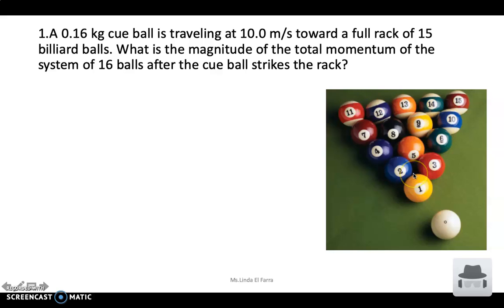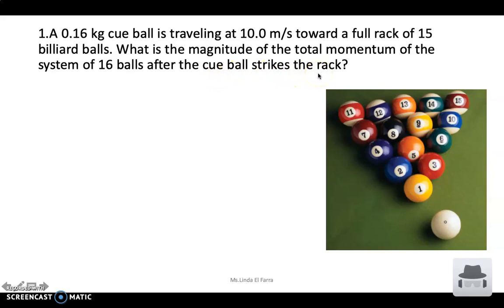I need to find the magnitude of the total momentum of the system, which means all 16 balls, 15 plus this cue ball, after the cue ball strikes the rack.